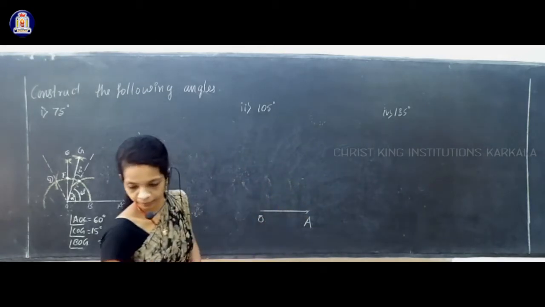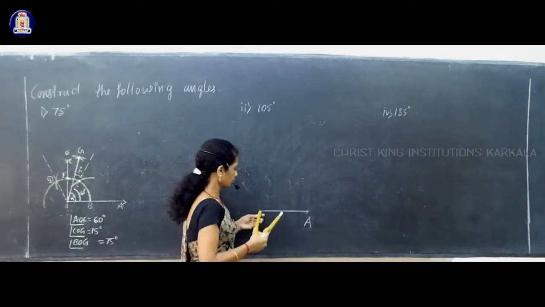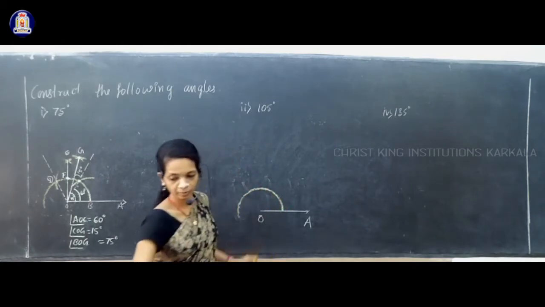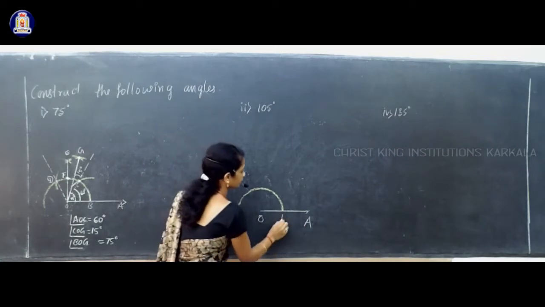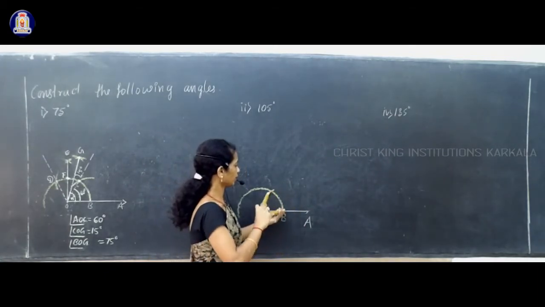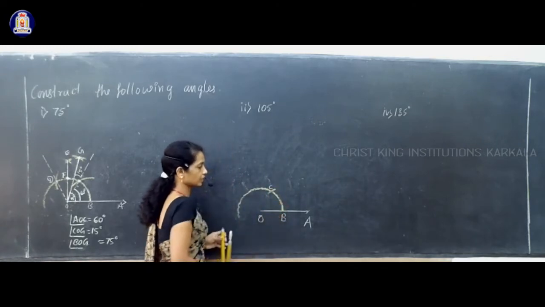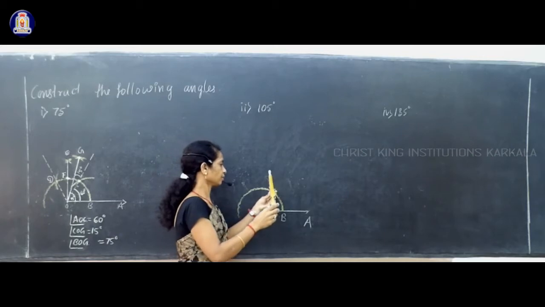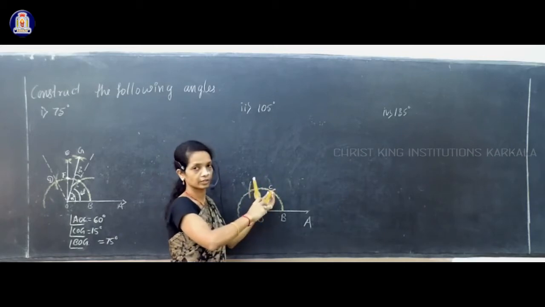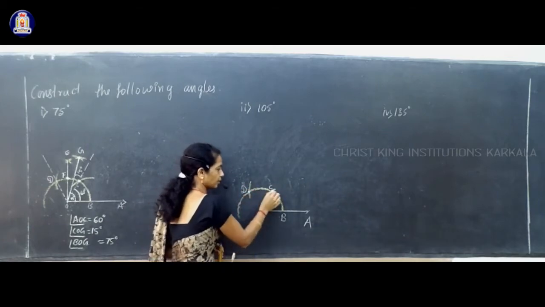Next, keeping it at O, draw a semicircle starting from OA, and I will take the starting point as B. Now keep it at B and cut that semicircle by an arc, and take that point of intersection of arc and semicircle as C. Then keep it at C and draw one arc such that it cuts the semicircle, and take the point of intersection as D.